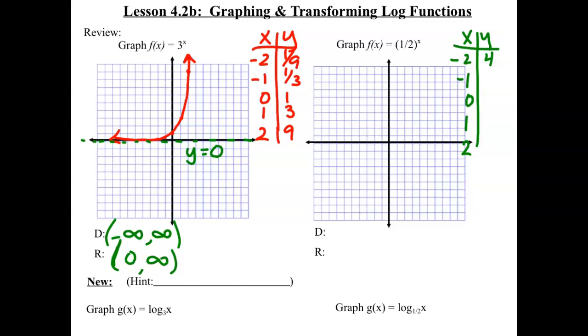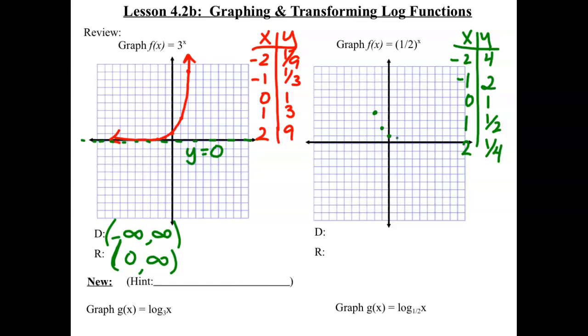1/2 to a -1. Okay. Anything to the 0 we said was 1. 1/2 to the first, and 1/2 squared. Okay, so -2 we're up at 4. -1 we're at 2. 0 we're at 1.